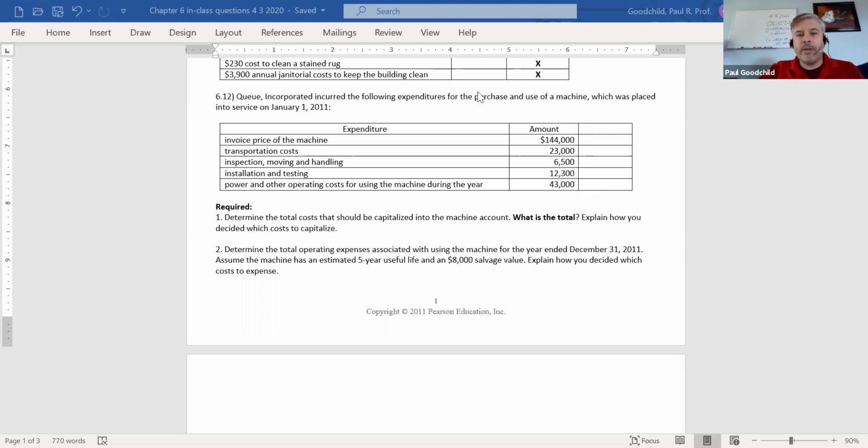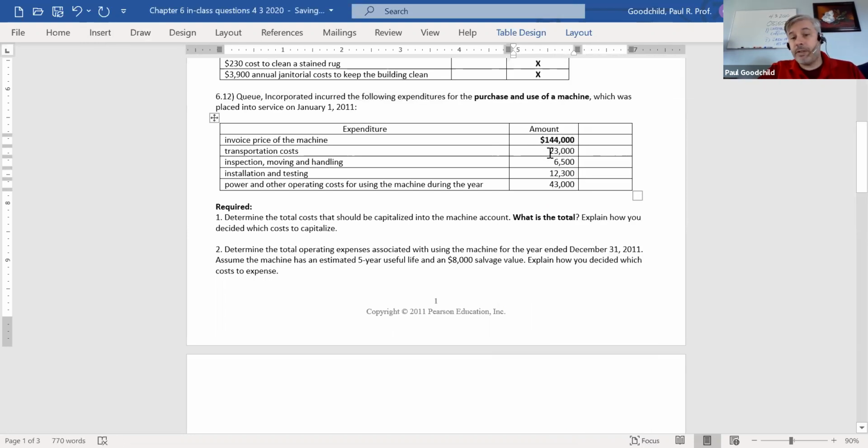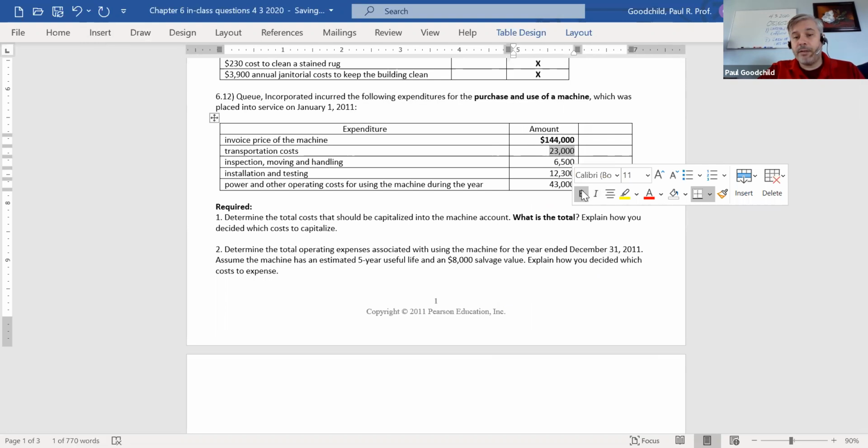So now this is for the purchase and use. So we're working at this point and we're setting up something and we bought it. So we're going to have the purchase price. That'll be included. Transportation costs, so shipping, that'll be included.